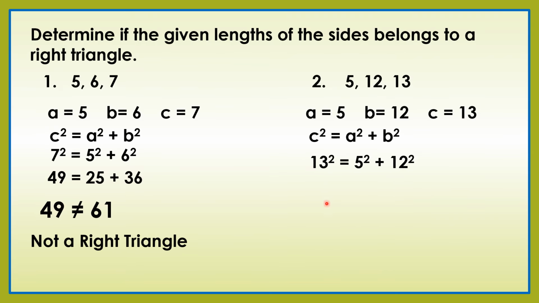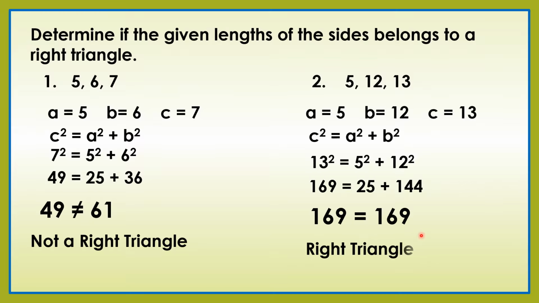So 13 squared is 169. 5 squared is 25. 12 squared is 144. Add natin ang 25 at yung 144. That is 169. Therefore, 169 is equal to 169. So, ang 5, 12, at 13 ay sides ng right triangle.